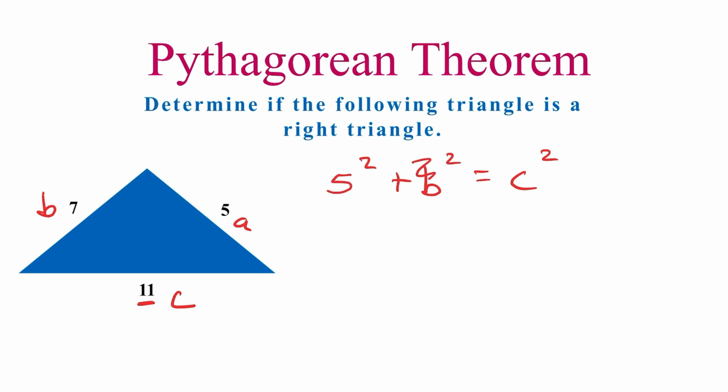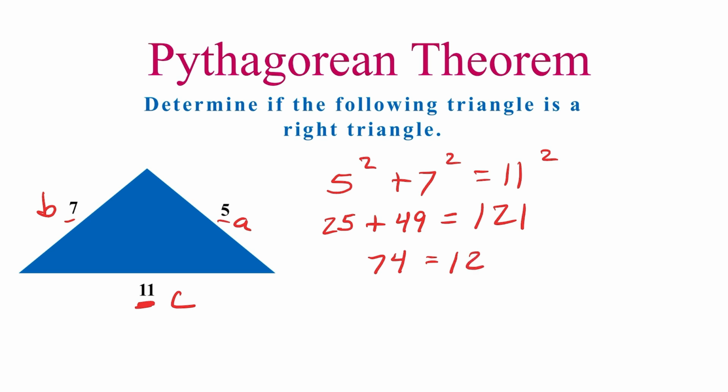Instead of B, we're going to put a 7, 5 and 7. And C is 11, so we're going to put an 11 here. Then we're going to do all the math on it. 5 times 5 is 25, plus 7 times 7 is 49, equals 11 times 11 is 121. 25 plus 49 is 74, equals 121.